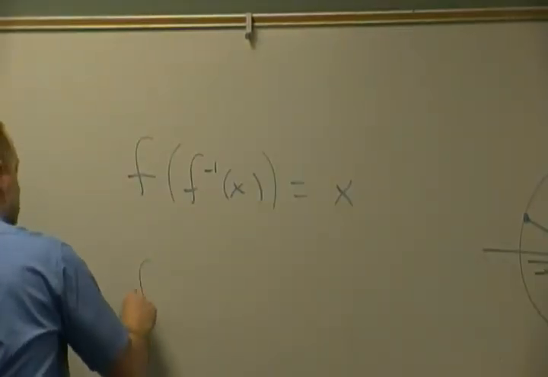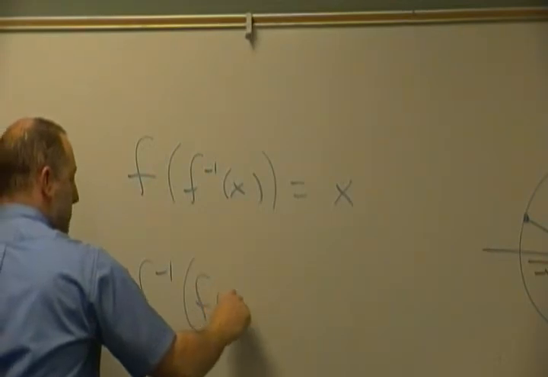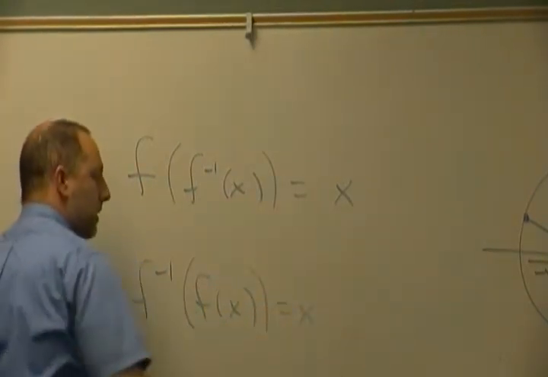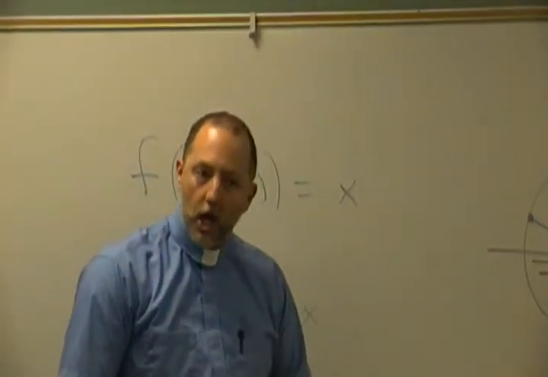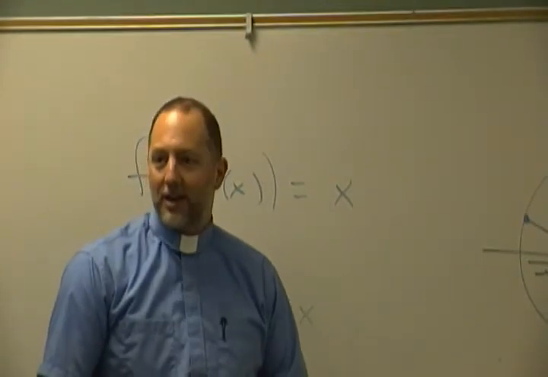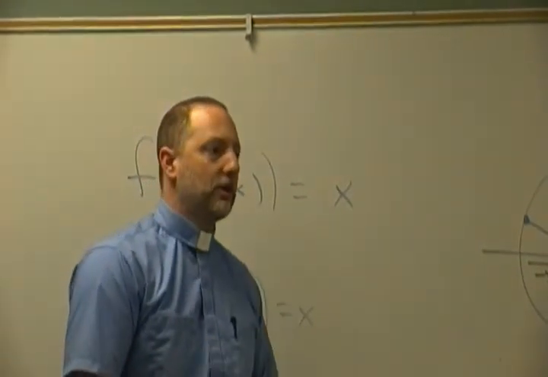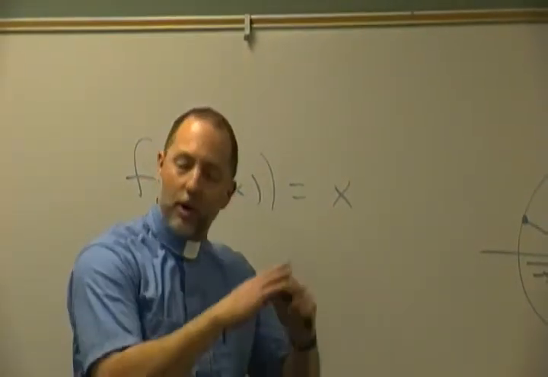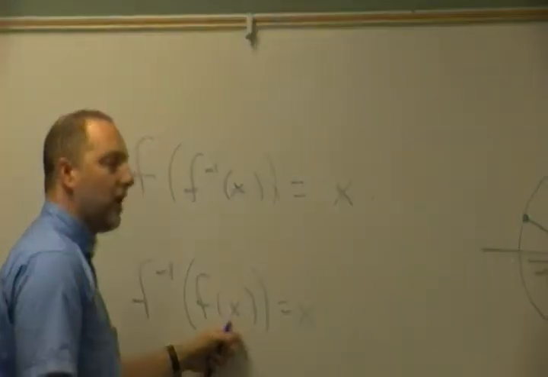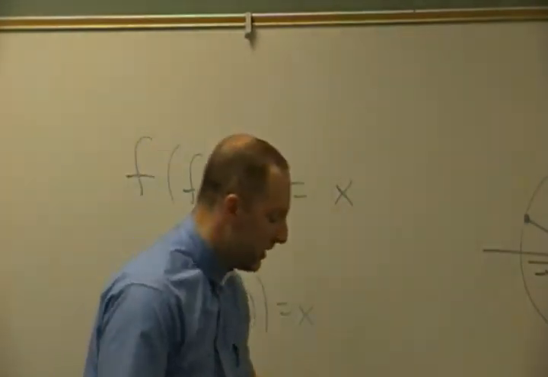Same thing is true if I write f inverse of f of x. That's going to give me x. By the way, thank you for not saying 1. About half the time when I ask this question, people say 1. No, you don't get 1. It's whatever you put in. If you put in 5, you get out 5.